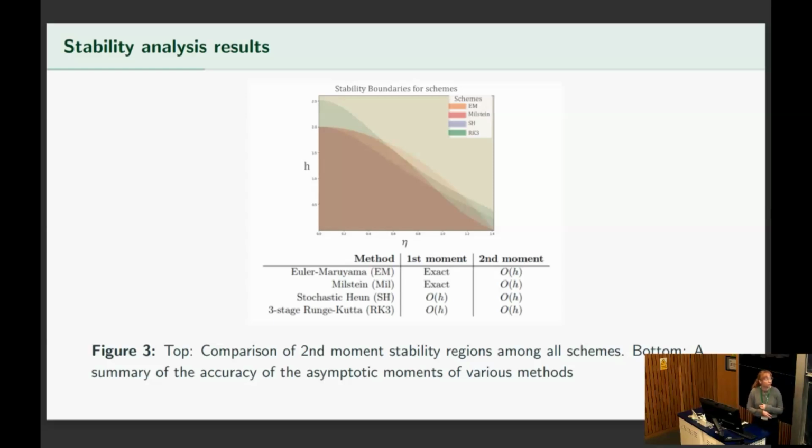So to summarize some of the results from this work, it is getting us thinking about the need to carefully examine the tests that we do to analyze and test the performance of the numerical schemes we're using to solve SDEs. Hopefully this work could be applied to novel methods, and as I get into some of my machine learning work, hopefully I can apply some of this analysis to different schemes as well.